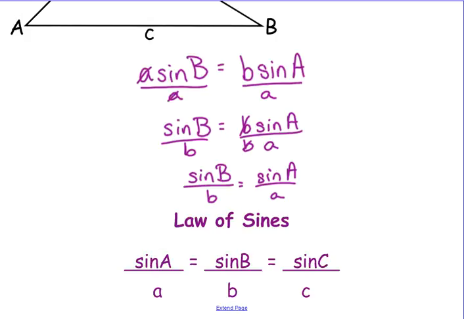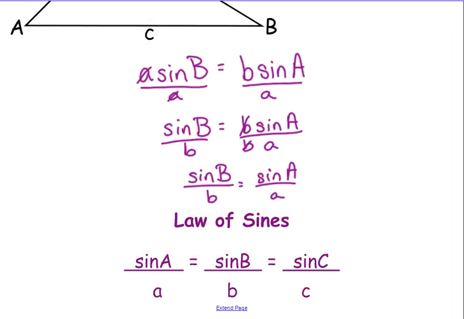Okay, but the moral of the story is it's the sine of the angle divided by the side is equal to the sine of a different angle divided by its corresponding side. And it all comes from I can break this scalene triangle into two right triangles and apply trig to them.